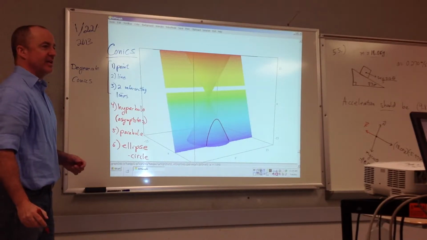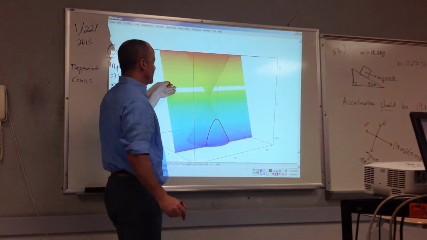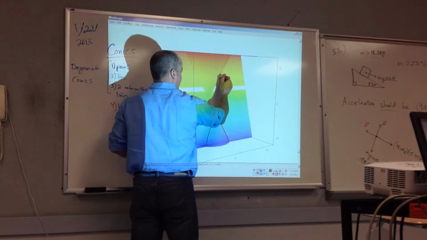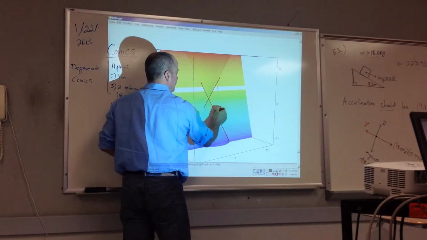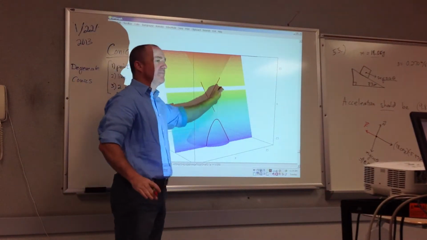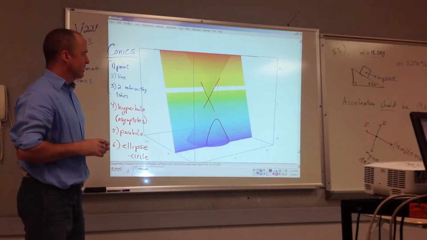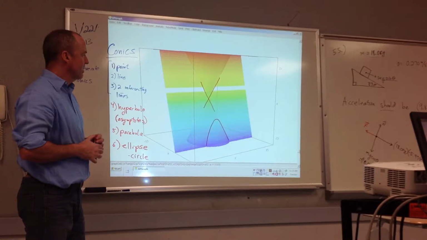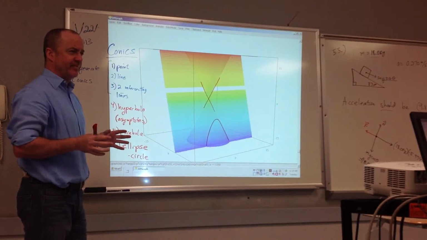In that case, it would get much more skinny. And if I made the cone perpendicular, my intersecting lines would both have a much steeper slope, one negative, one positive. Does that make sense? Okay, you guys got a visual for that now.